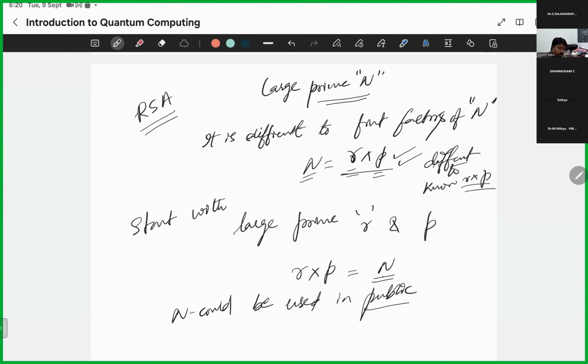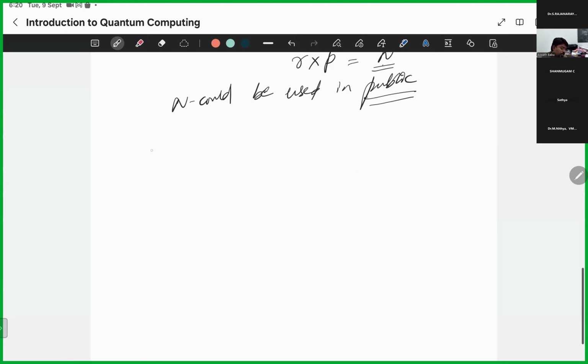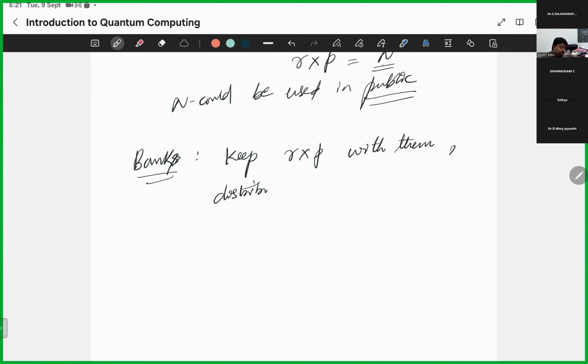But r and p are, let's say, kept by banks. Banks keep r and p with them and give away n to the customer. Now the customer, while putting in a password, will put in the n value.